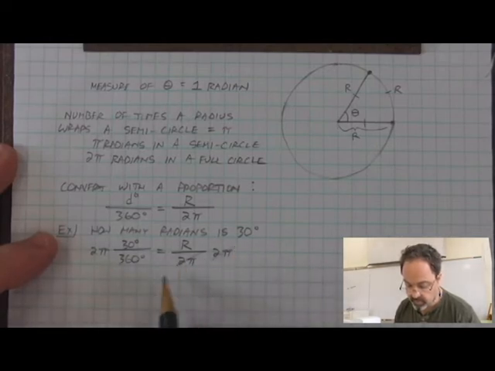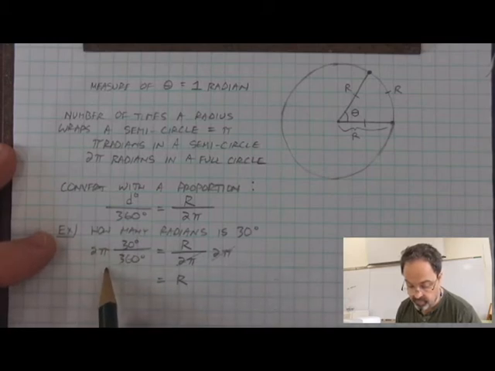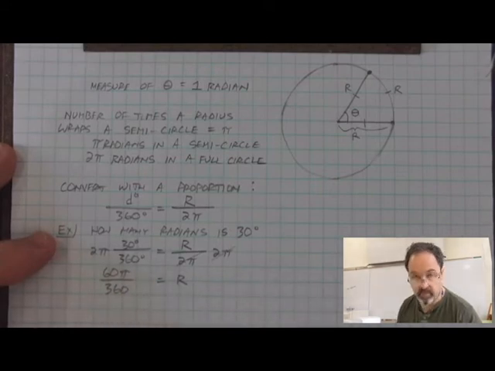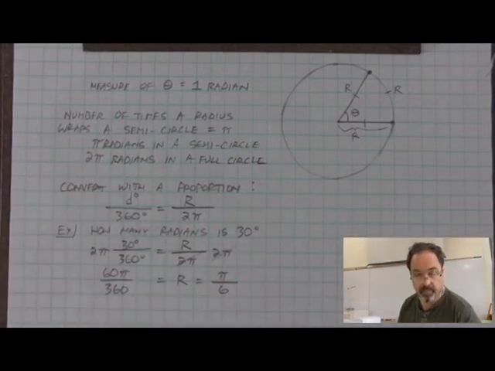So it cancels out here, leaving r by itself on the right. 2 times 30 is 60. So in the numerator, 2 pi times 30 degrees is 60 pi. Still being divided by 360. We can reduce. There are 6 60s in 360, so I can reduce this fraction to pi over 6.